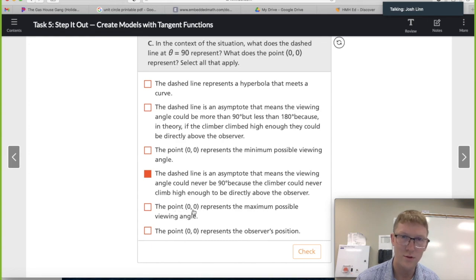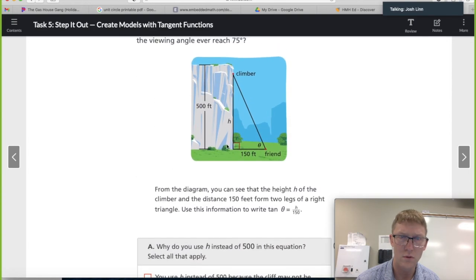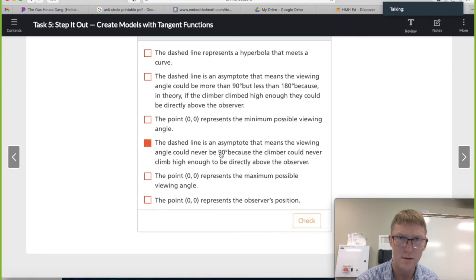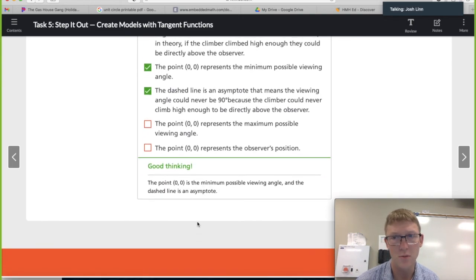The point 0,0 represents the maximum possible viewing angle? No, 0,0 would be right there. I guess the minimum possible viewing angle? Oh yeah, there you go.